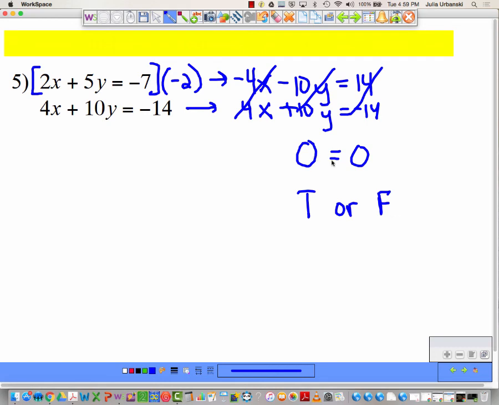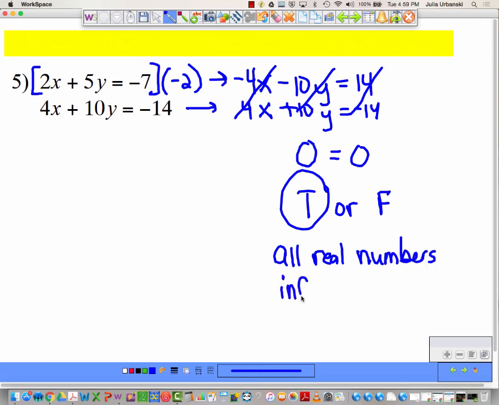So in this case, 0 equals 0 is true. So my answer is going to be all real numbers. Or some people say infinite solutions. If you're answering this on IXL or Socrative, just make sure you follow the directions about how to write your answer.